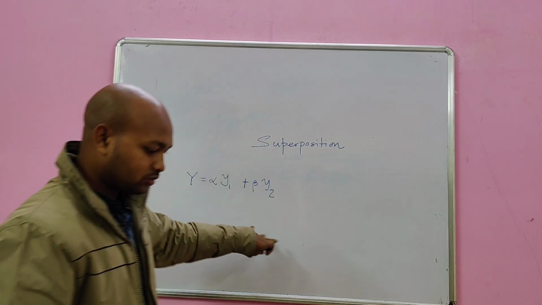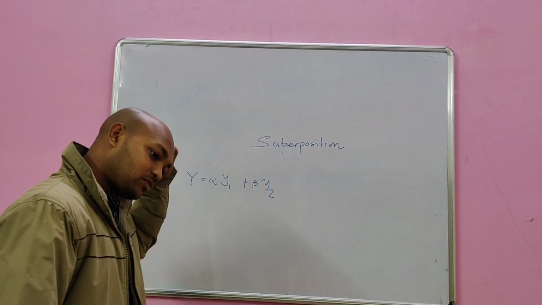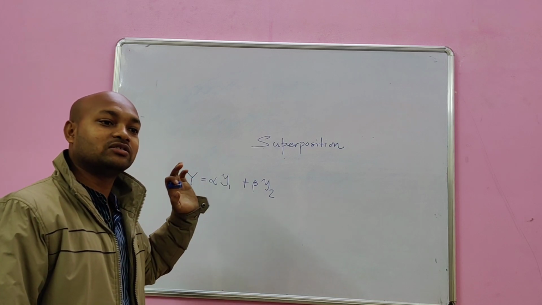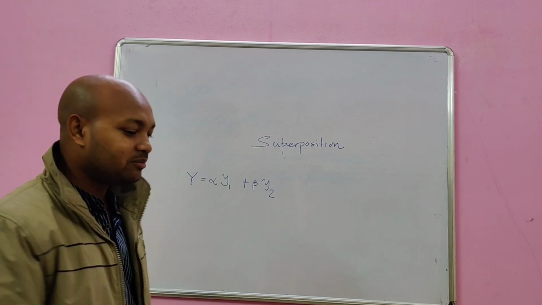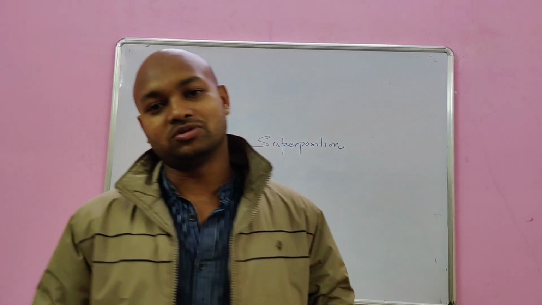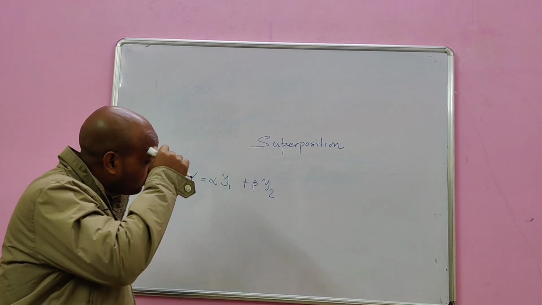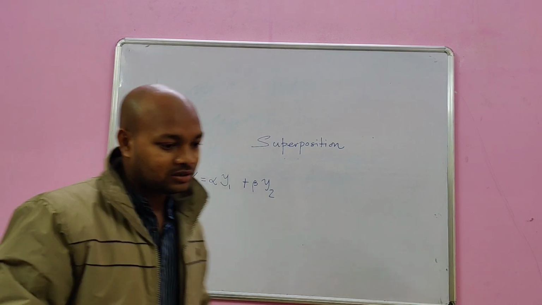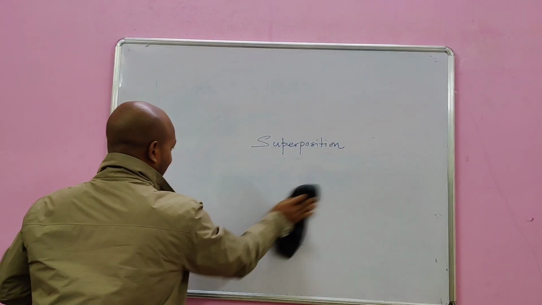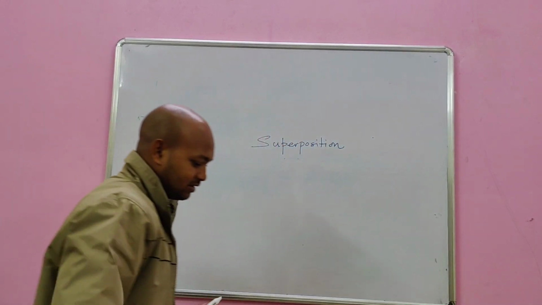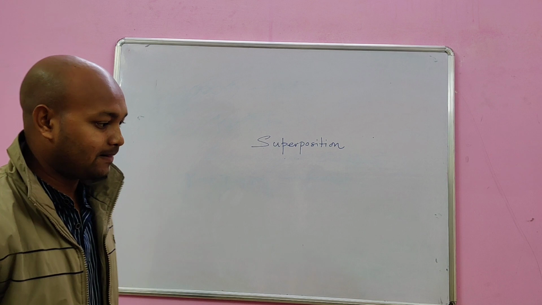Y1 and y2 are two solutions, then capital Y is also a solution, where alpha and beta are those weights basically. So this is a kind of example of a superposition classically. Quantum mechanics says superposition of quantum mechanical kind is quite different.